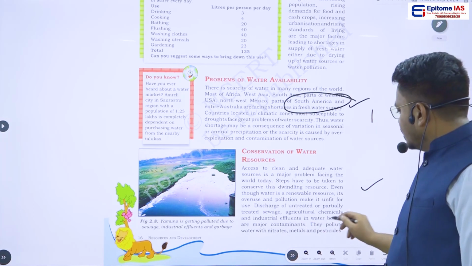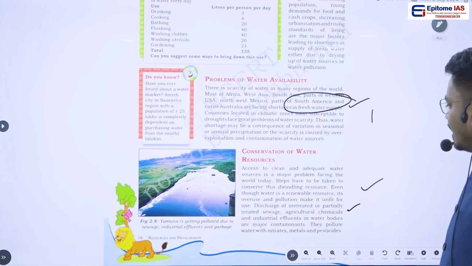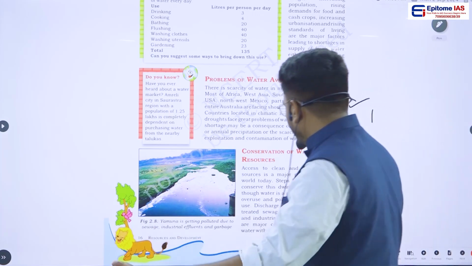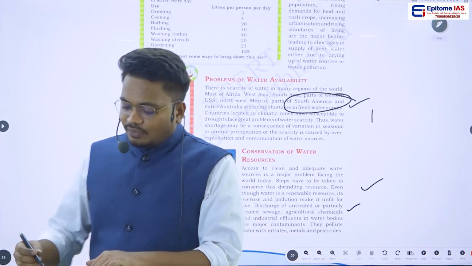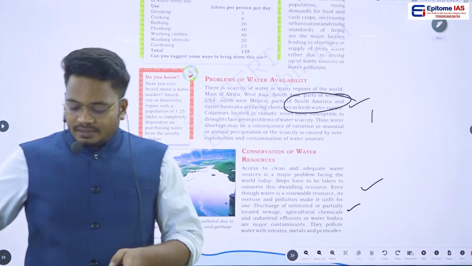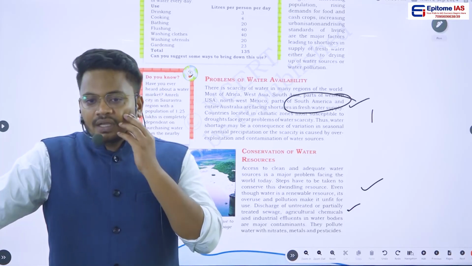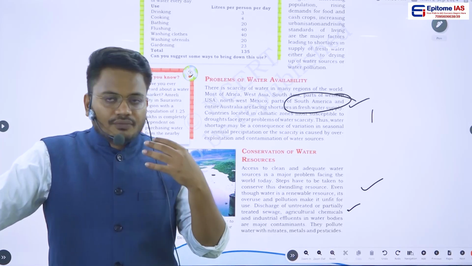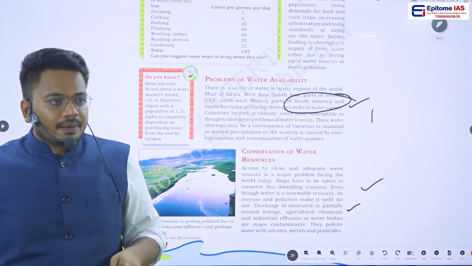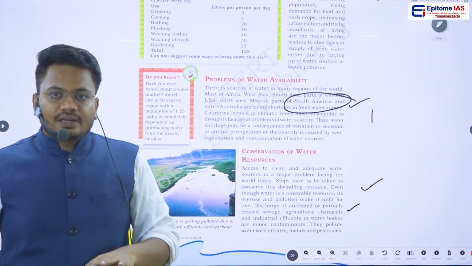We have to stop discharging untreated or partially treated sewage and agricultural chemicals, as well as industrial effluents, into water bodies. All this water can be collected and reused by using certain methods, certain techniques. That means the water which we are wasting, or the water which is the product of this wastage, can be reused by treating it.